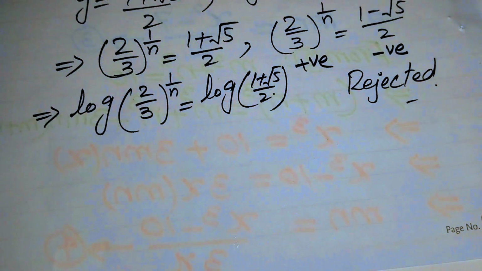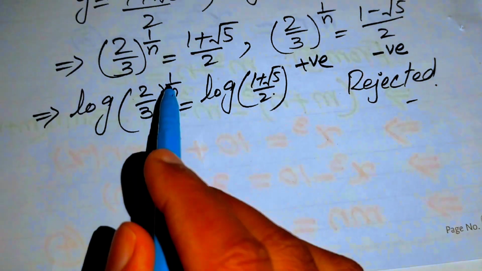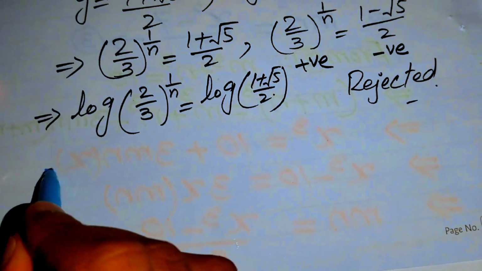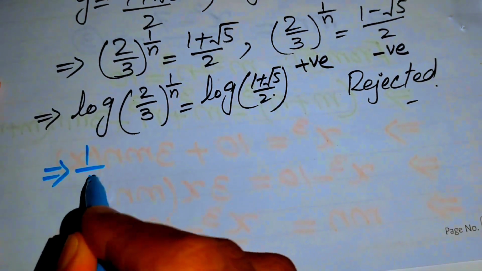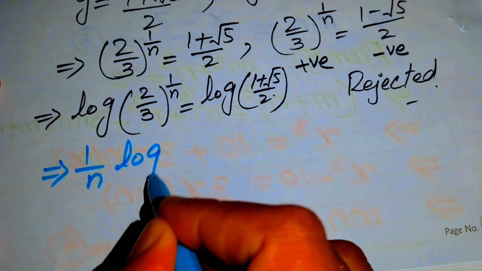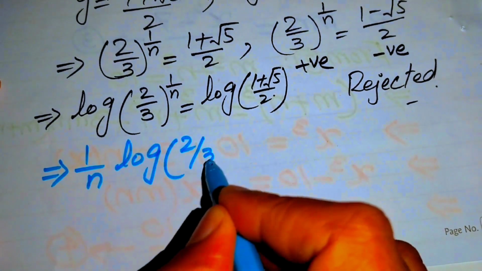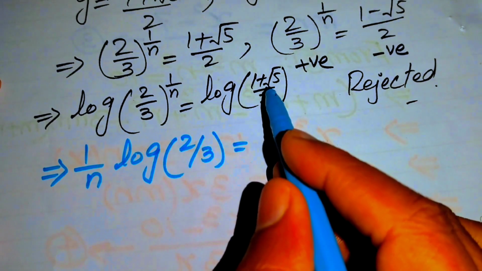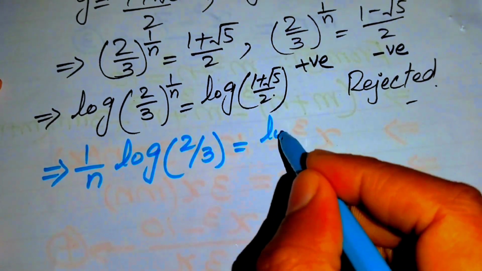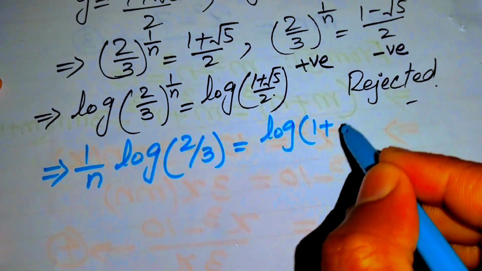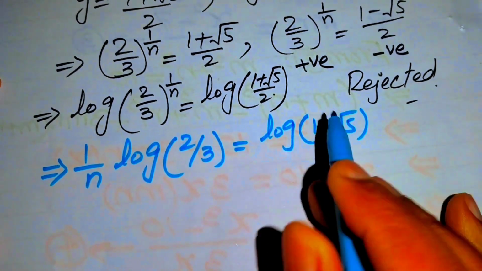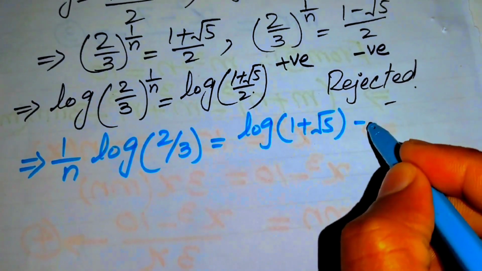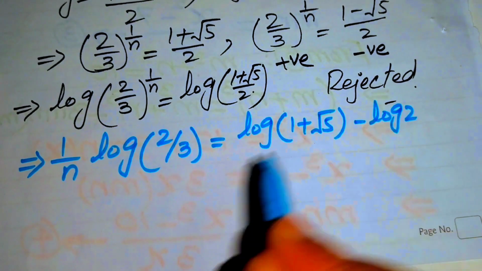So here we use the properties of logarithm, and first we move this exponent 1 over n in front of this log, and you get 1 over n times log 2 over 3 equals to, here we use the property of log, and we can separate the log of numerator as well as the denominator, and we get log of 1 plus square root of 5 minus log of 2.